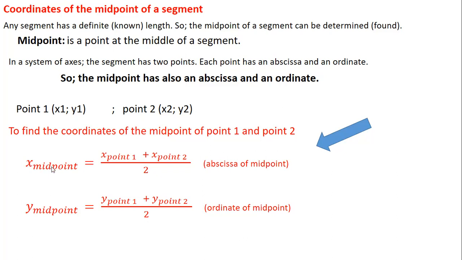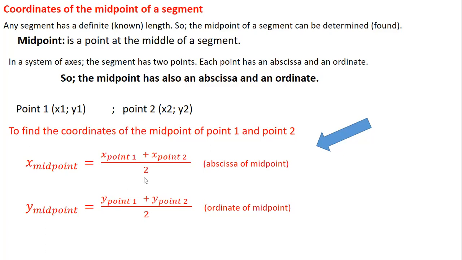Also, the ordinate of the midpoint is equal to the ordinate of the first point plus the ordinate of the second point divided by 2. So from the first we get the abscissa of the midpoint. From the second one, we get the ordinate of the midpoint.